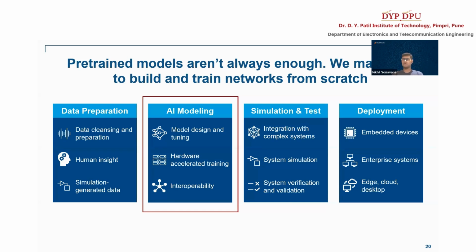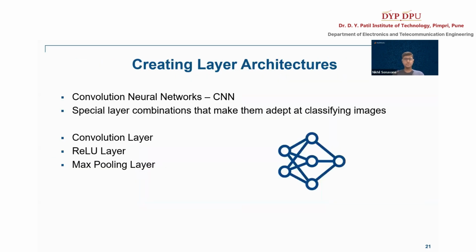But before we get into creating a network, there is some basic understanding that we need. There can be different deep network architectures, but we are talking about CNNs, just to start off with. CNNs are convolutional neural networks, and as the name suggests, the majority of the mathematical operation that happens here is convolution, and that's why it is named after that.